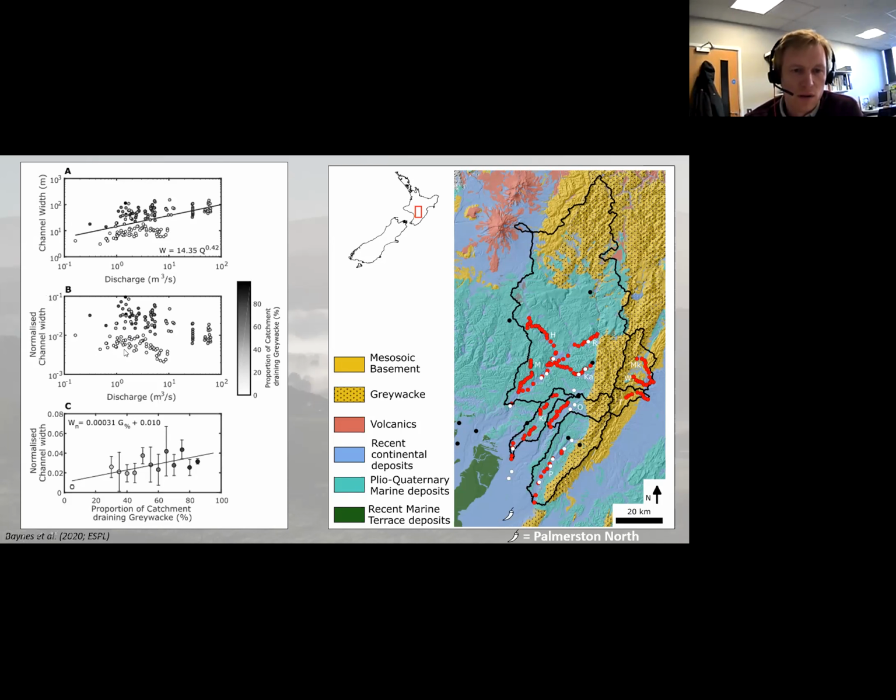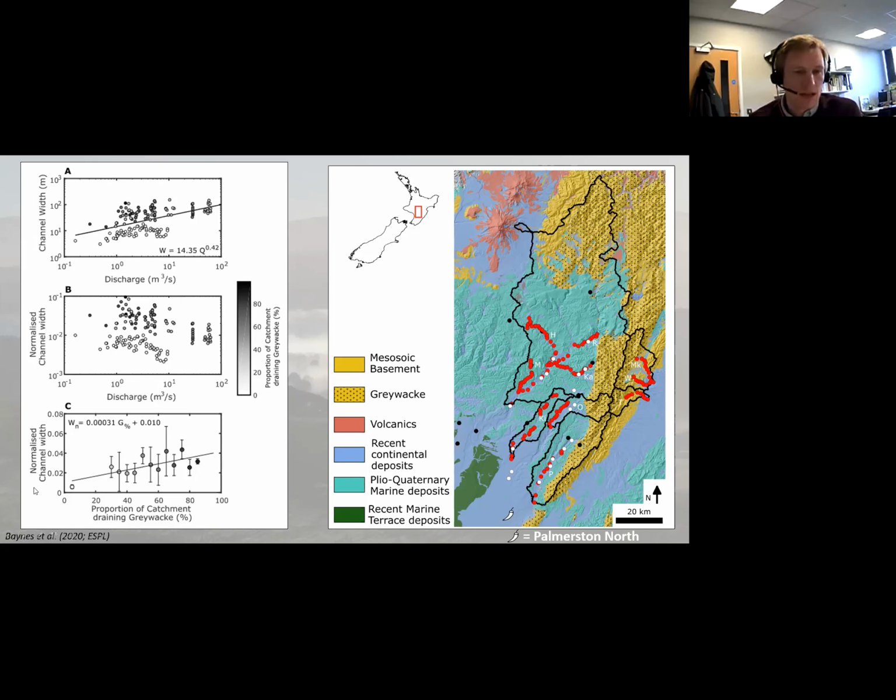And again, for a given discharge, we have up to an order of magnitude spread or difference between catchments which don't drain Greywacke and catchments which do have a supply of the coarse bedload. And then at the bottom here, we've binned the widths based on their proportion of catchment draining Greywacke and plotted against the normalized channel width.